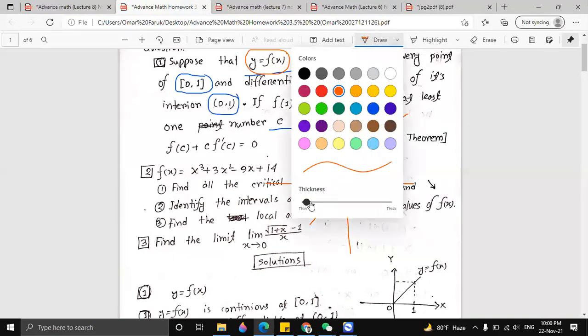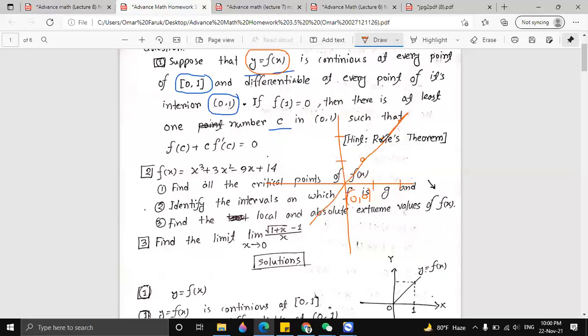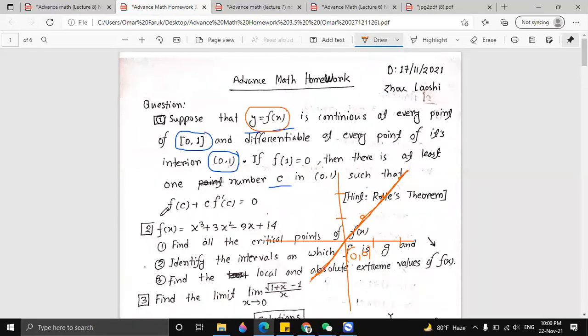I need to increase the thickness. So this function looks like this, and we have to prove that f of c plus c f derivative c is equal to 0.